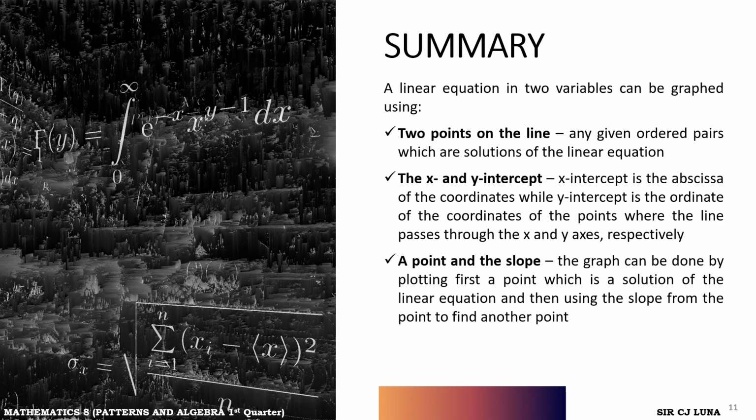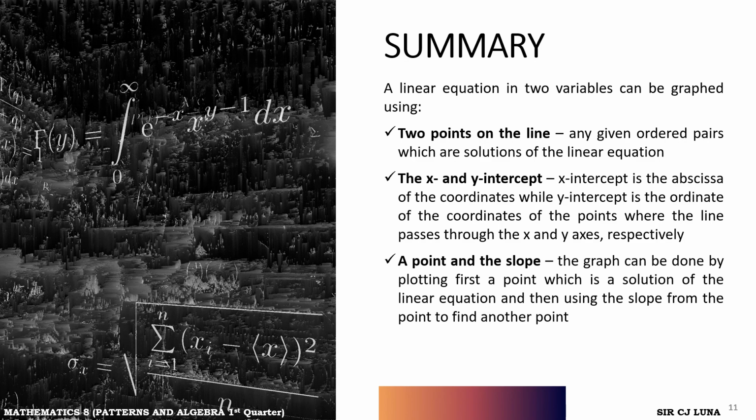So, summarize natin ngayon yung mga napag-usapan natin sa video lesson na to. Okay? So, a linear equation in two variables can be graphed using 2 points on the line, using the x and y intercepts, and using the slope and a point. Okay? Pag sinabi mong 2 points on the line, any given ordered pairs which are solutions of the linear equation.